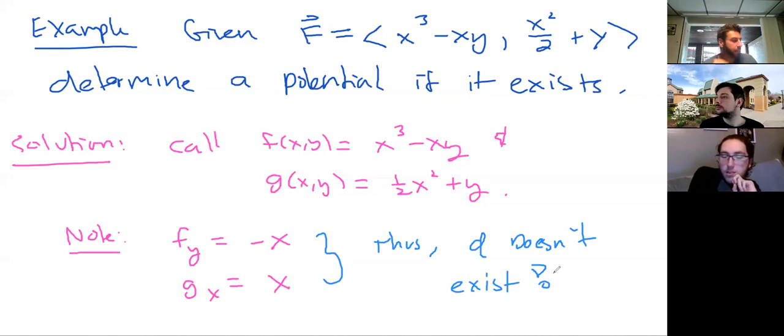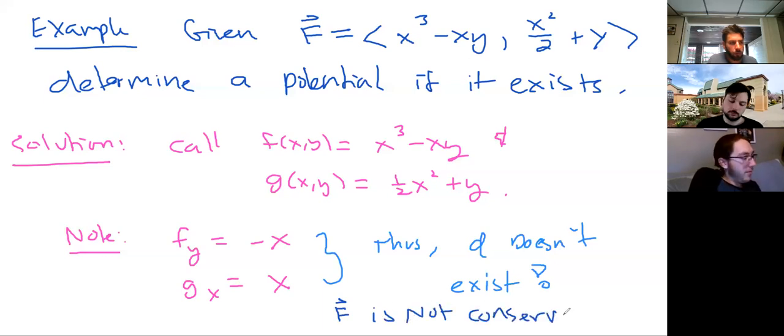All right. Does anybody have a question about this particular one? So let's finish the problem off like a fancy, smart mathematician would, or a physicist or engineer. So what we can conclude is F is not conservative.